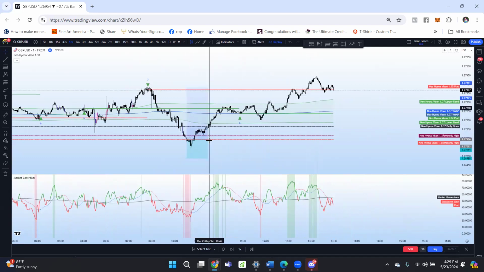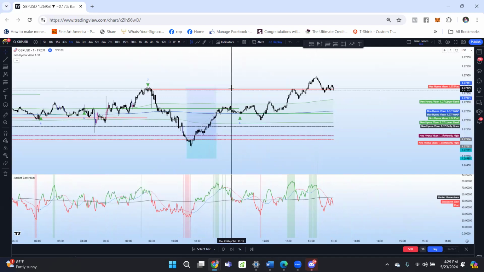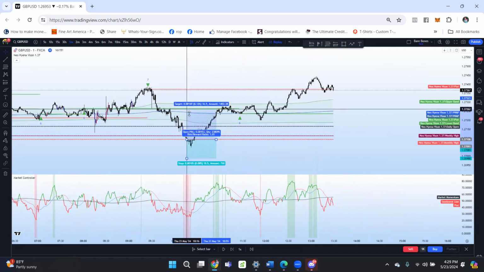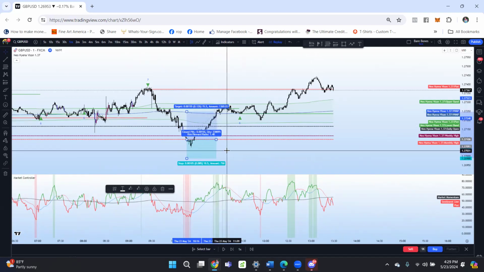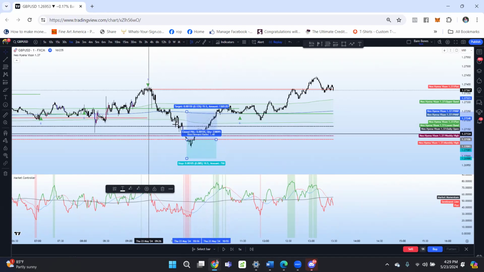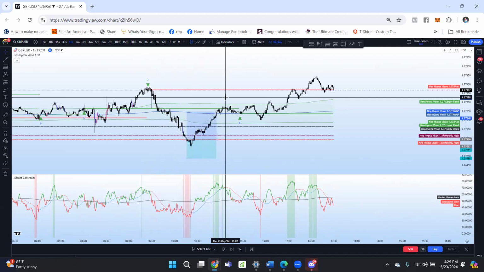I mean, the thing about the market controller is it is there to make sure that you collect profit. If you follow the market controller, sure, you may not get a million pips on every trade, but if you take profit every time the market controller tells you to take profit, you will be profitable. There's no way that if you follow the market controller and when it tells you to take profit, that you will not collect profit on your trades.